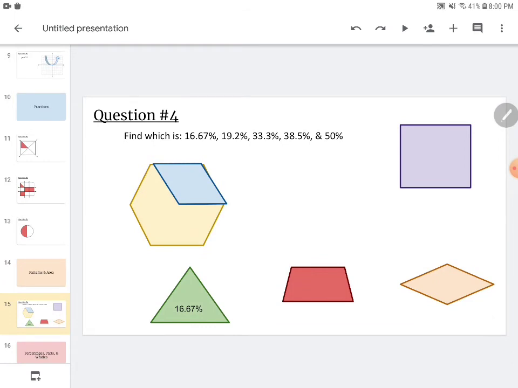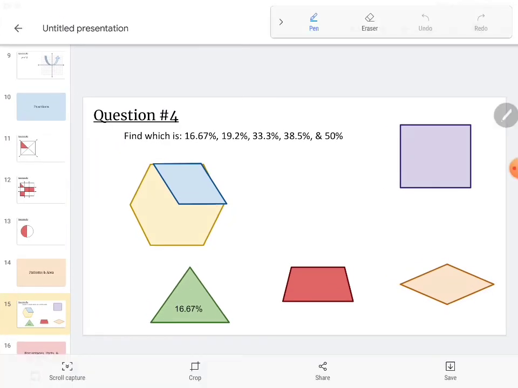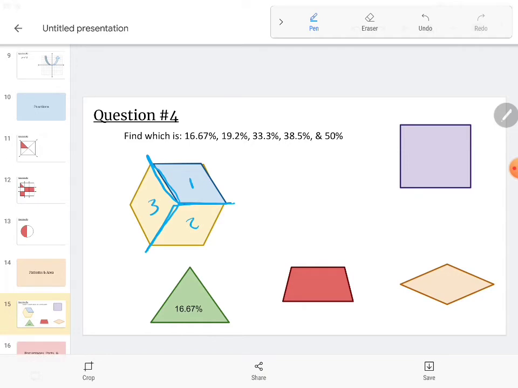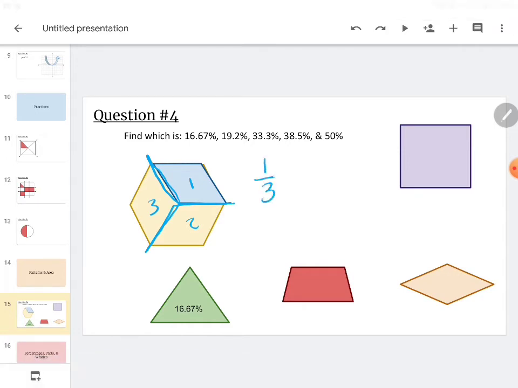Let's imagine our rhombus takes up a third of our hexagon, and the way we can kind of tell would be to split our hexagon into 3 equal parts, like that. And then we have 1, 2, 3 equal parts. One of our sections is shaded, so it will be 1/3 of our hexagon.